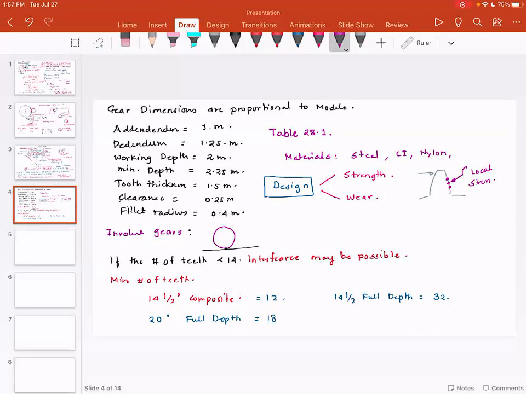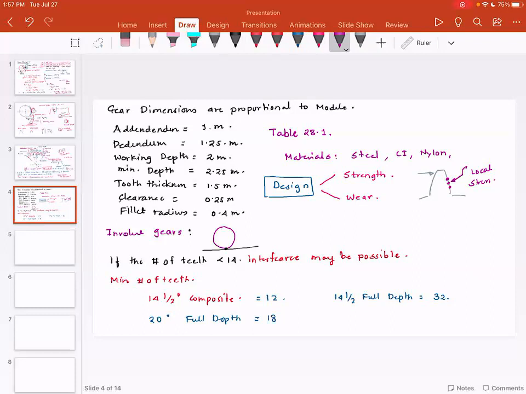What we are going to do is design the gear from one criterion and check the gear from the other criterion. So we design the gear based on the strength criteria and check it based on the wear criteria.